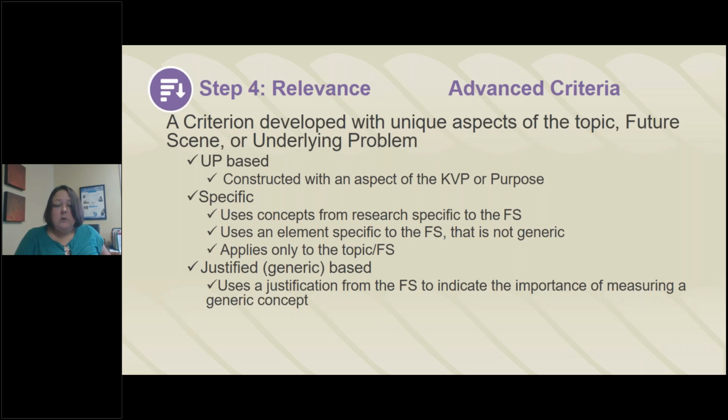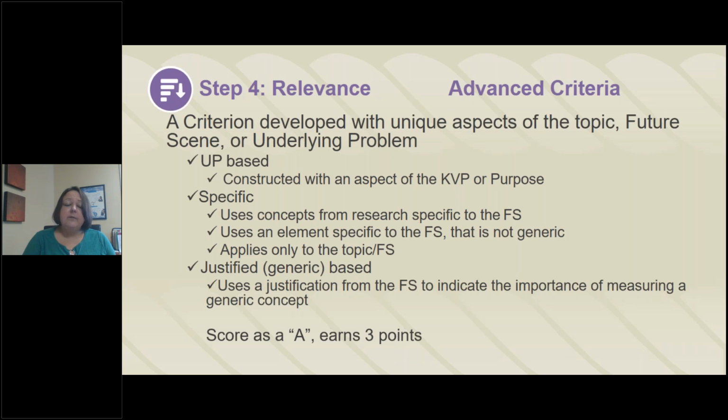Okay, so then we'll look at the 2 other ways that they could earn those 3 points for an advanced criteria. Now, that first one on the slide is UP based, and this is where they typically will take an aspect of their key verb phrase or purpose. It could potentially be an element from the condition phrase, though that is less common. But so if they ask in their key verb phrase, how might we improve access to healthcare?